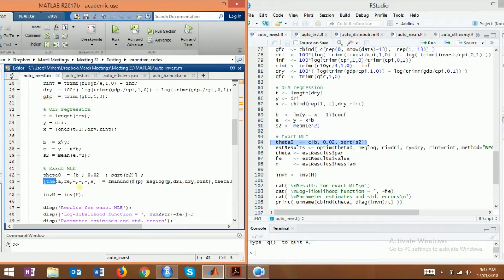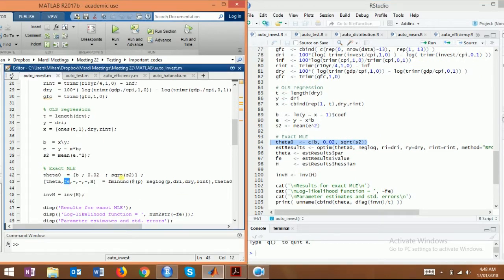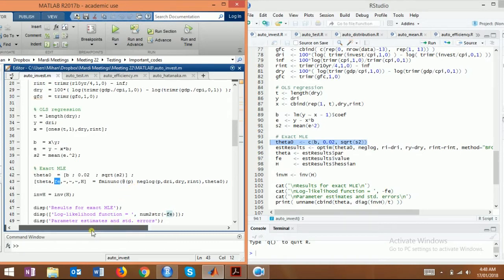Then theta, Hessian and Fe is the function estimate. So in concat we are estimating P, neg log P is beta basically.